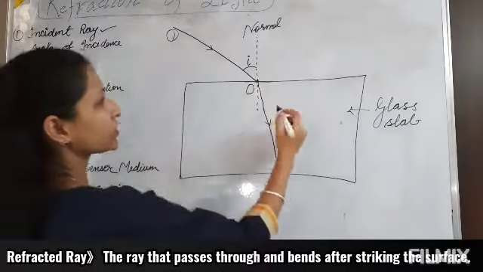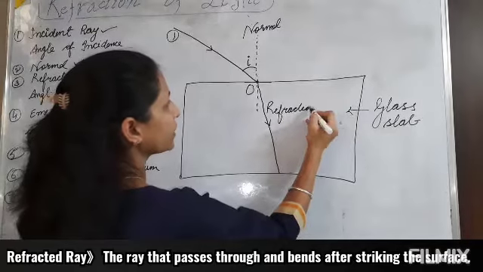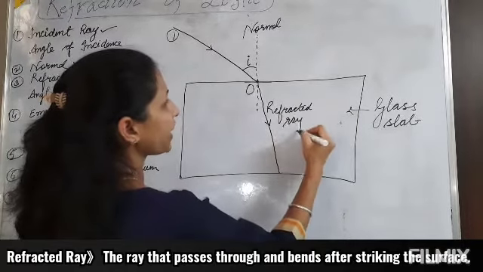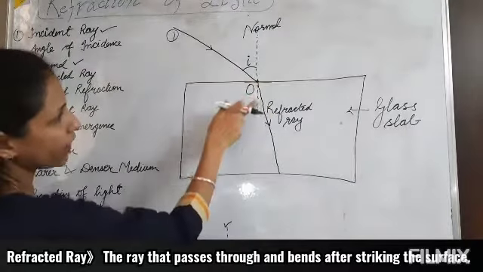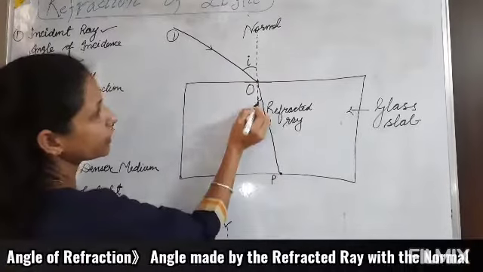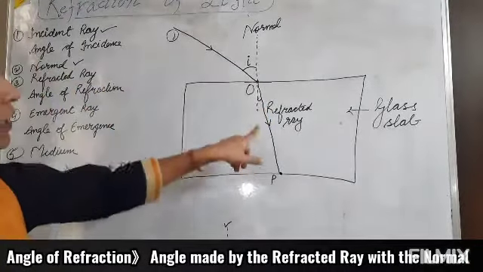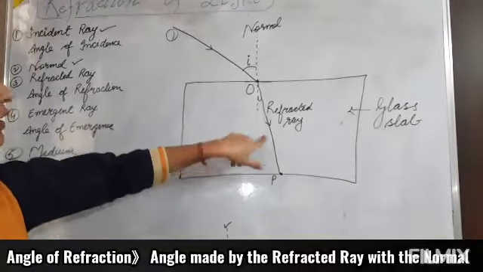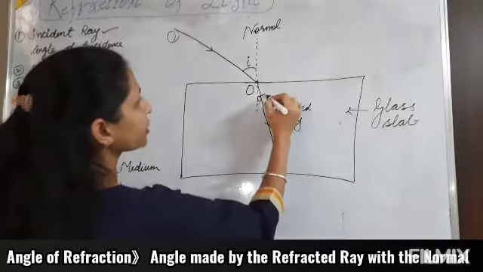Now this ray is called as the refracted ray. This is called as the refracted ray because ये इस सरफेस पर रिफ्रैक्ट होकर, बेंड होकर इस डायरेक्शन में आ गई. The angle made by the refracted ray with the normal is called the angle of refraction.